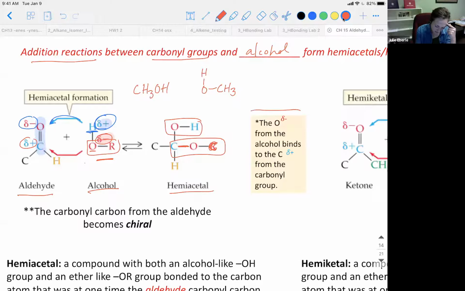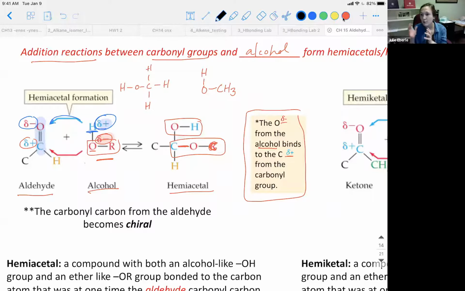Let me read this right here. This might help. The partial negative again from the alcohol binds to the partial positive carbon from the carbonyl group. So essentially what we're doing, if I redraw, let's just say the alcohol that I'm adding is methanol. So I have CH3 and then I have OH. You see how this methanol is an alcohol? The alcohol is broken right here.